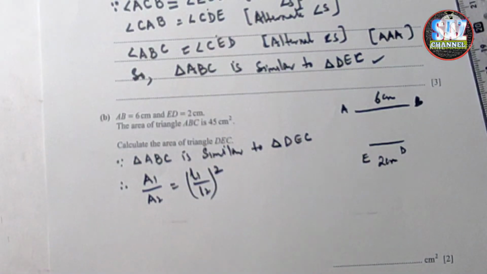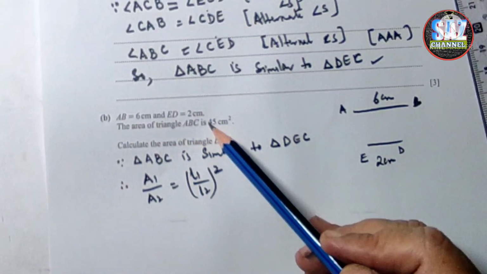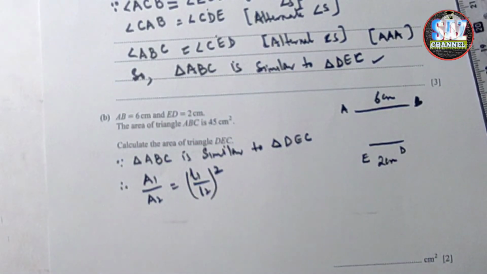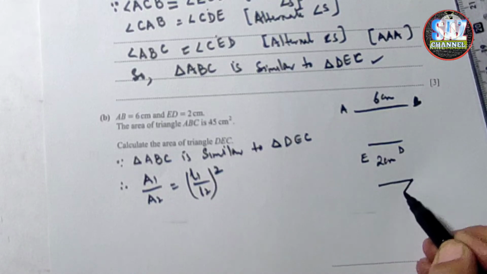Now let me read the question once again. The area of triangle ABC is 45 units square.